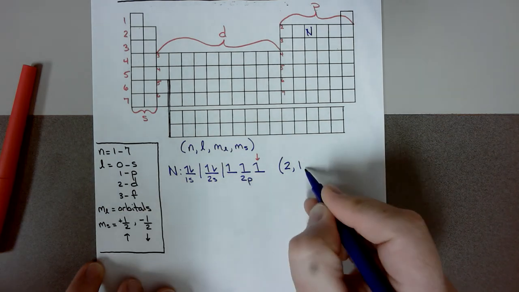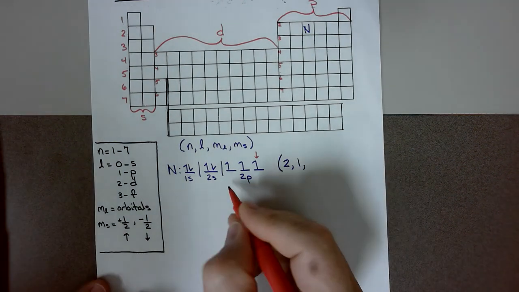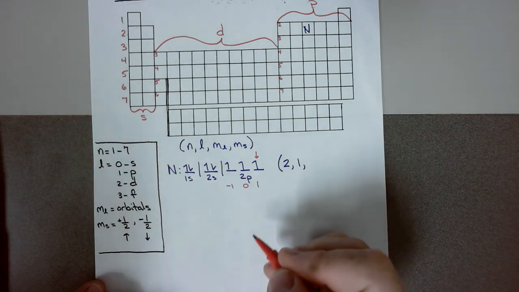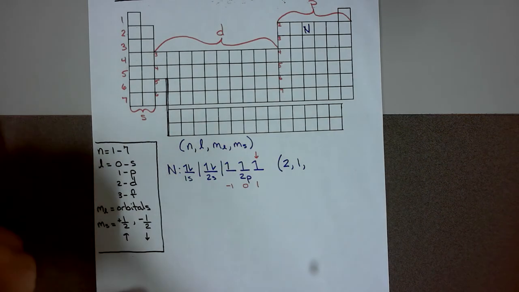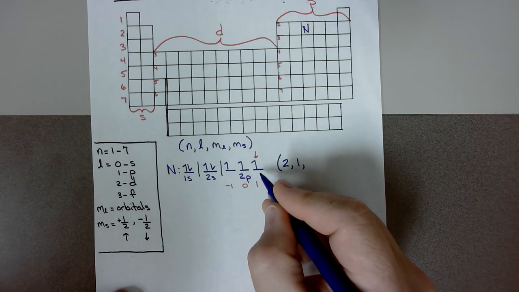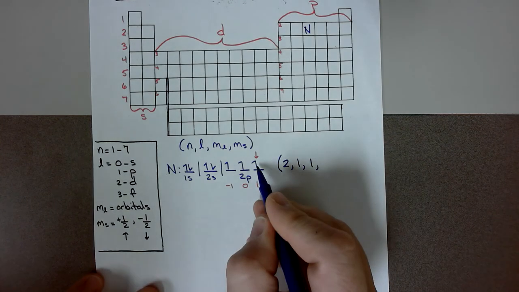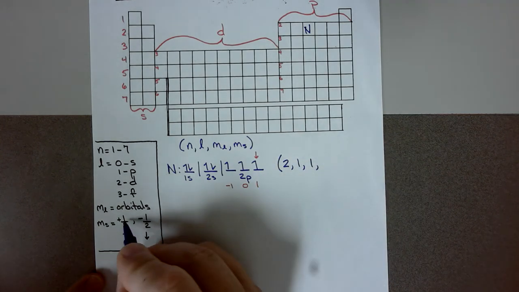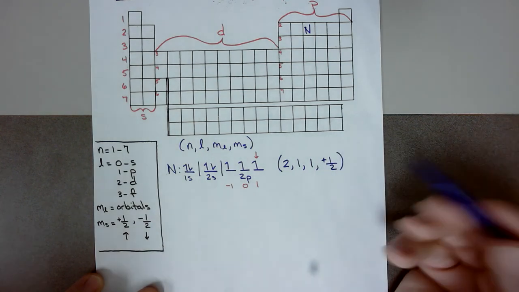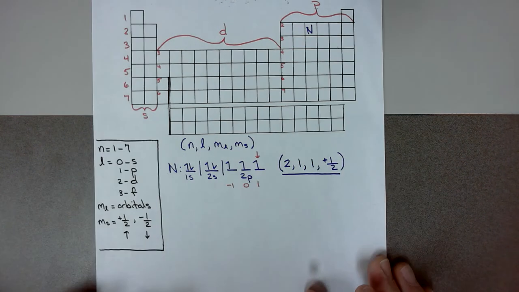And then our orbitals: remember, the numbers went -1, 0, +1. That electron is in the +1 orbital, so I'm going to put a 1 there, and that is also an up arrow, so I'm going to represent that with a +1/2. So this is the quantum set for that electron in that element.